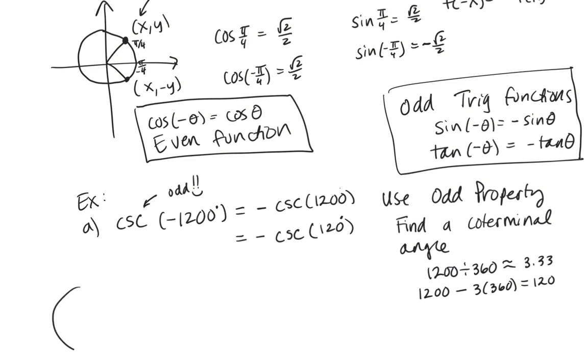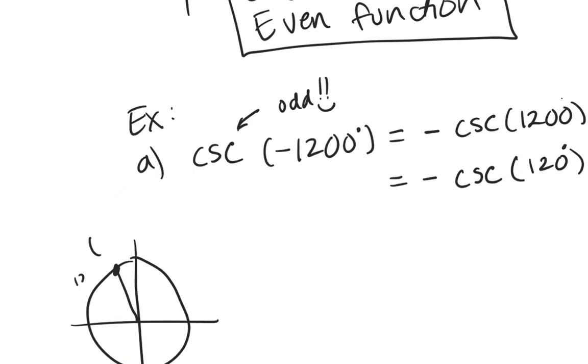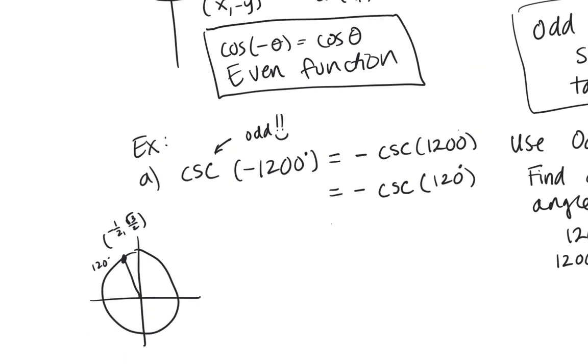Okay, and now we pull out our unit circle and find 120 on the unit circle. And that has a negative 1/2 x value, a positive square root of 3 over 2 y value. Okay, and we use the fact that we know cosecant is 1 over sine.